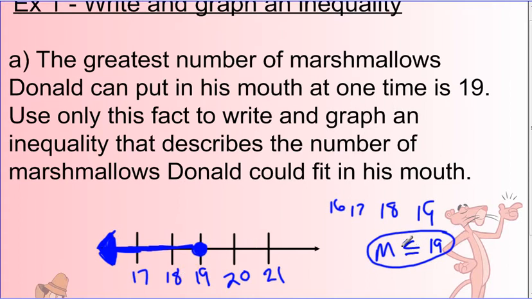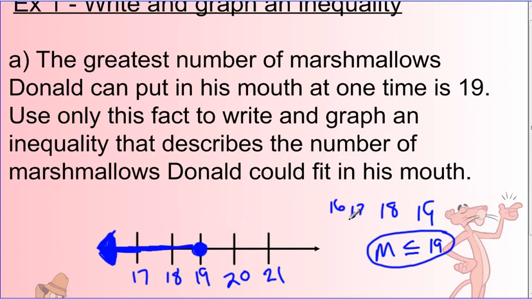Okay, so the type of inequality tells you the type of dot, and when you read this, the answers are numbers less than 19, so you shade less than 19. Now, I'm going to show you a trick to graphing these inequalities, to telling which way the arrow goes.